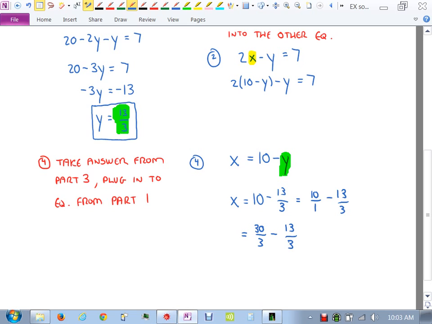So I multiply top and bottom by 3 on the 10, right? And subtract, and that's what? 17 over 3. Yes.